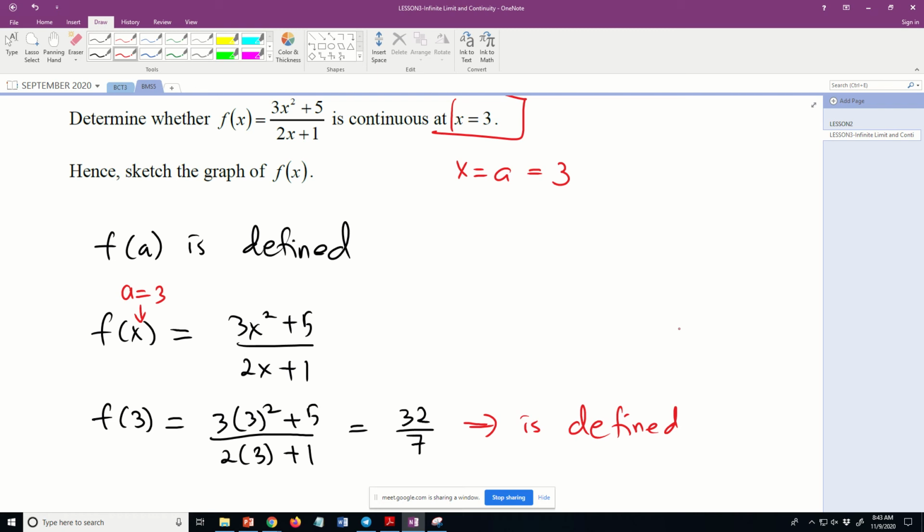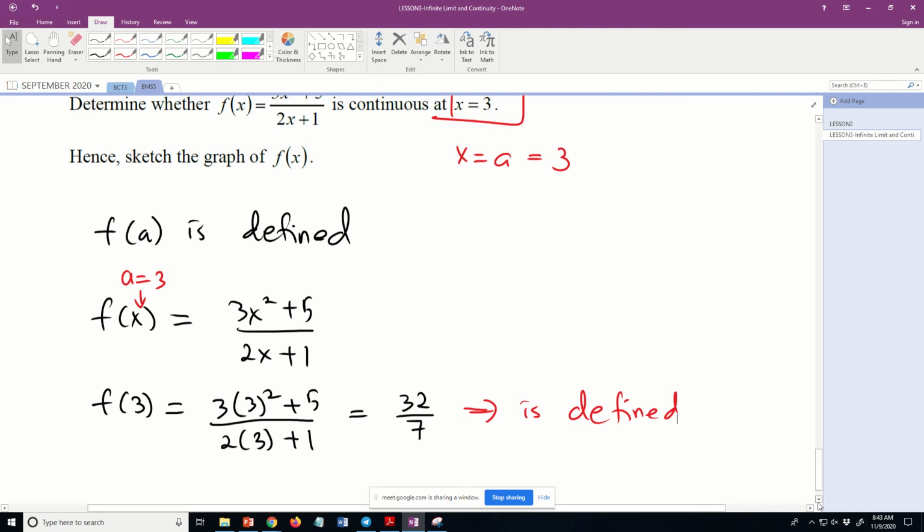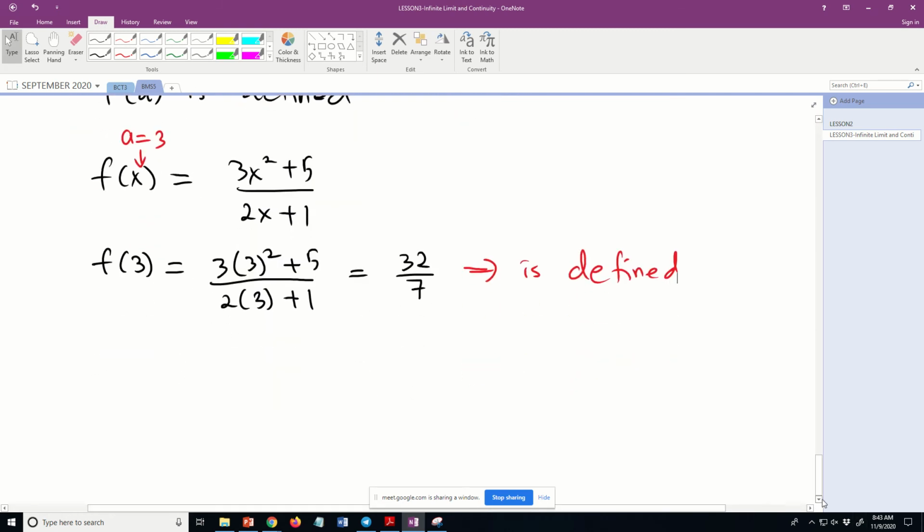But in this case, it is defined, because you got an answer. 32/7 is an answer, so f(3) is defined.